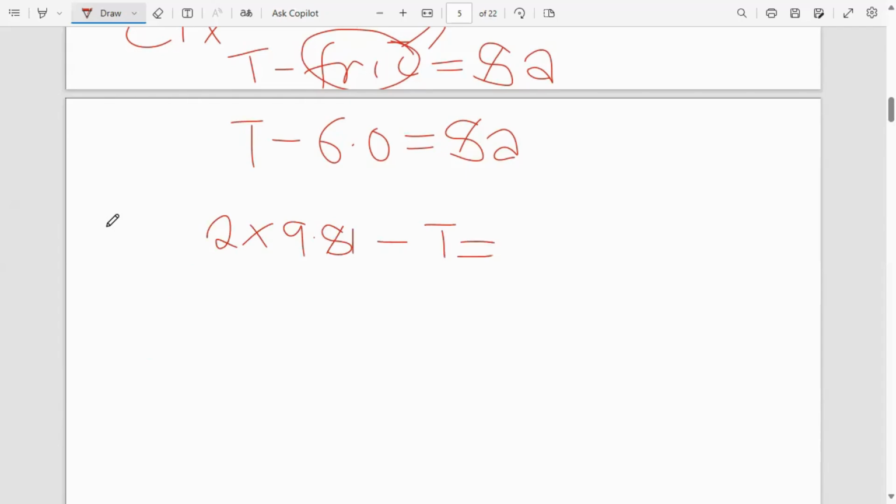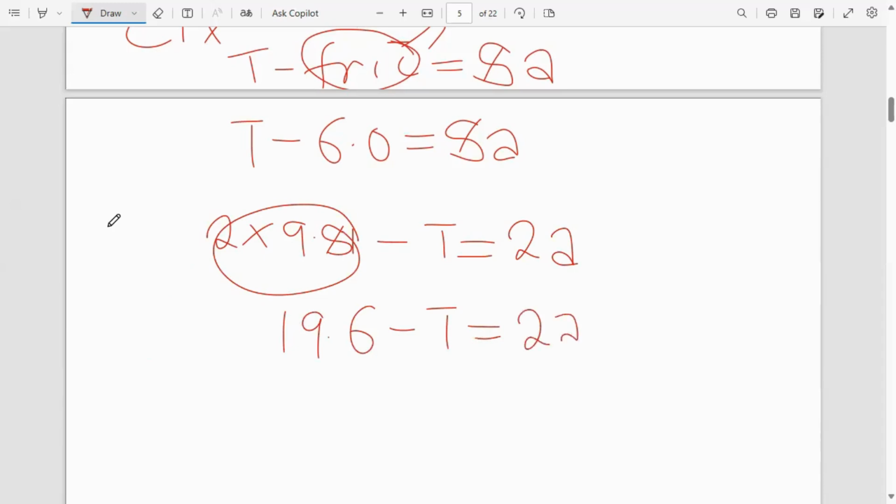This will be equal to mass times acceleration, which is 2A. If I multiply these here, I'm going to get 19.6 minus T being equal to 2A.